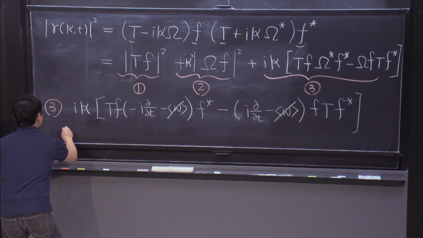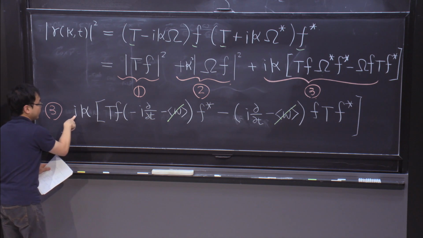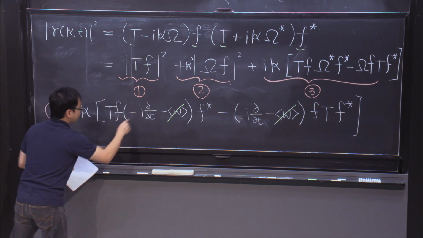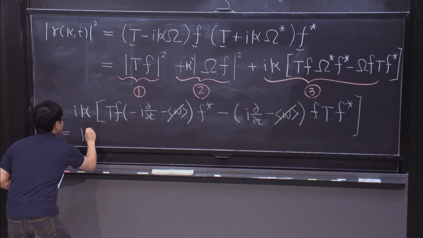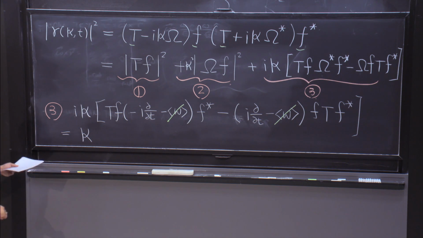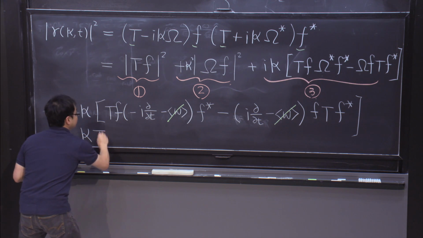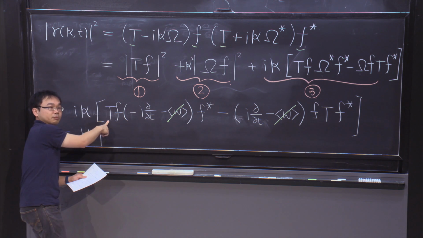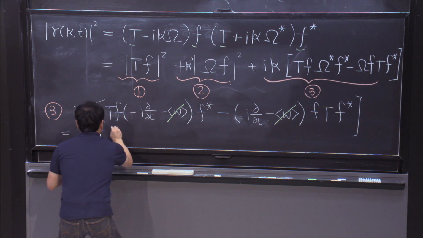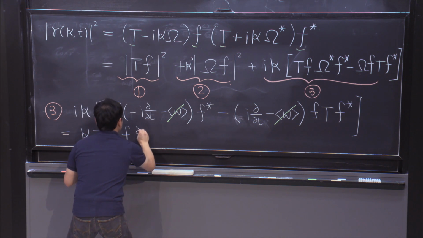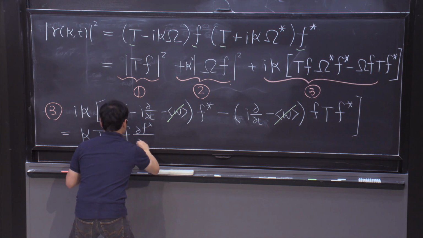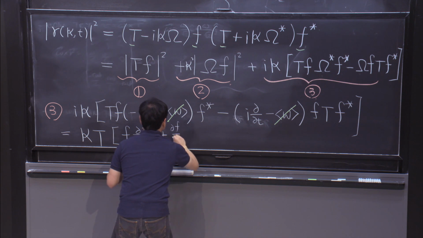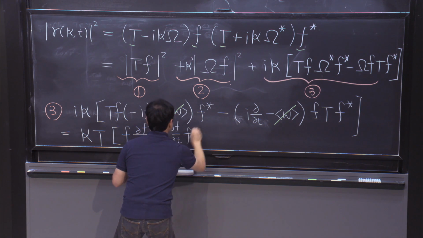So basically, what you are going to get, now I can multiply I and cancel this minus I, right? So what you get is kappa times T, because both terms have a T, so I can extract this T out of it: F partial F star partial T plus partial F partial T F star.